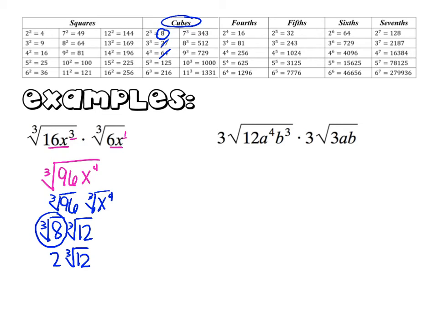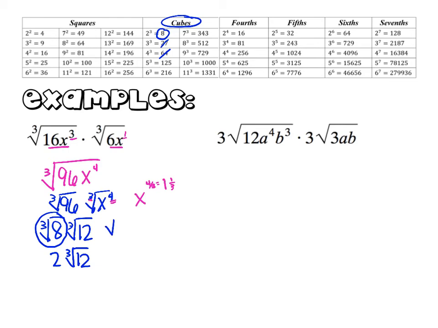When I have variables, I know I need to simplify anytime that number under the radical is bigger than my index, right? That means I can take out some, or I'm going to have a whole part, because my fraction is going to be greater than 1 if I rewrite it as x to the 4/3, which is 1 1/3. That means I have 1 x on the outside, and then x to the 1/3 power is really the cubed root of x, right?